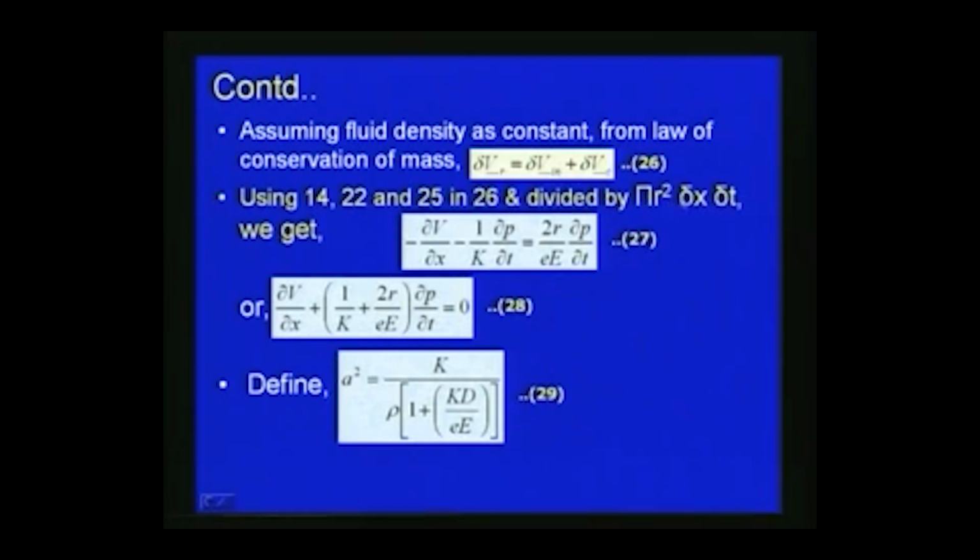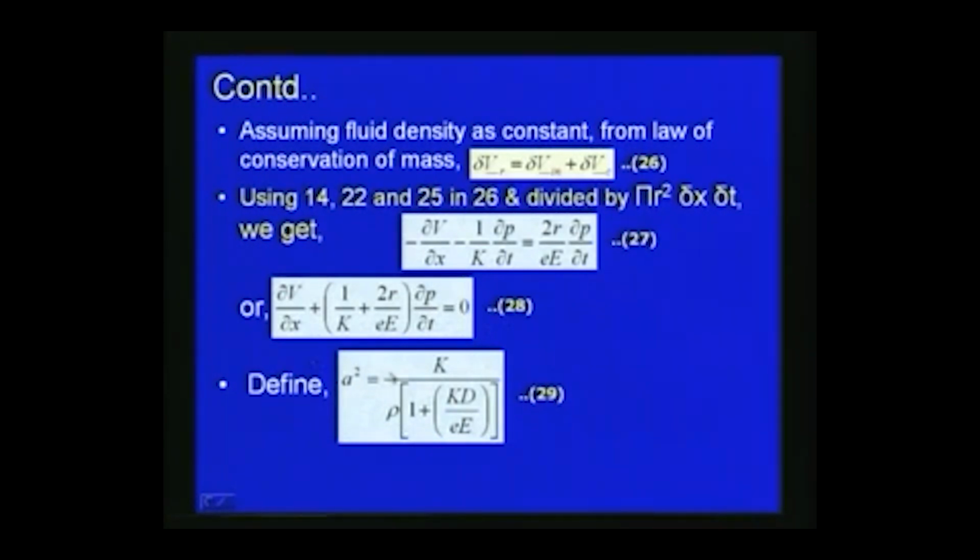Delta x is the length we considered, delta t is the time step. So, we will get minus del v by del x minus 1 by K del p by del t is equal to 2 r by e into E into del p by del t as in equation number 27, or finally we get del v by del x plus 1 by K plus 2 r by e E into del p by del t is equal to 0 as in equation number 28.